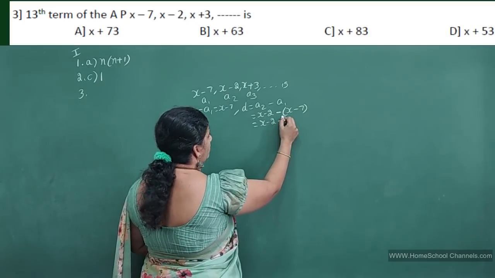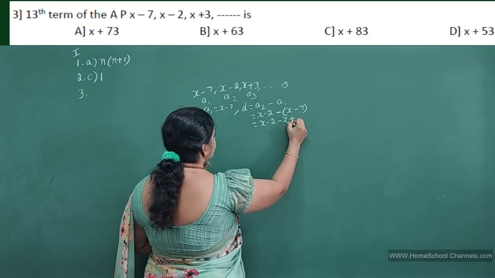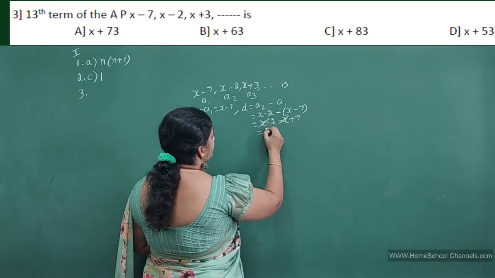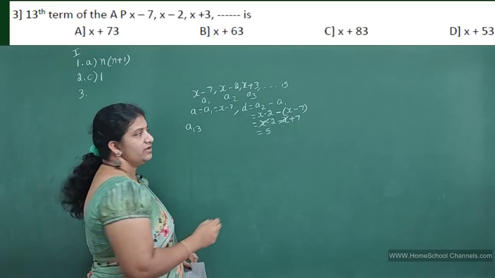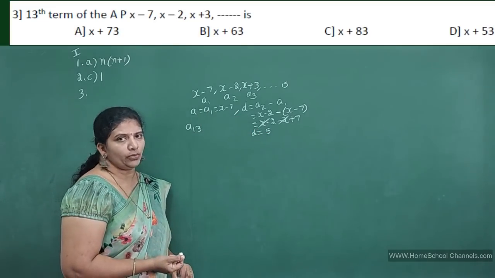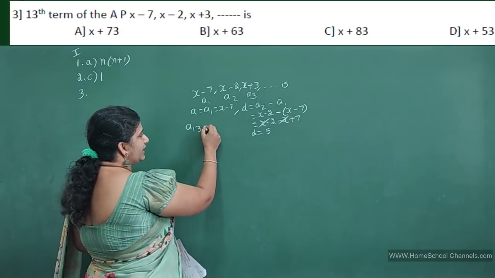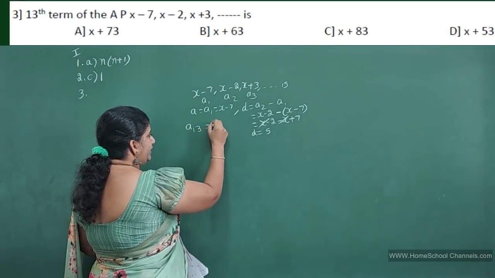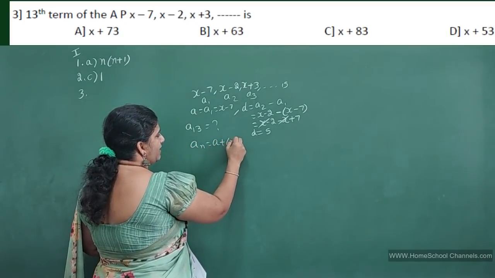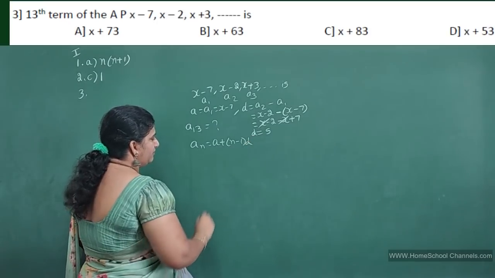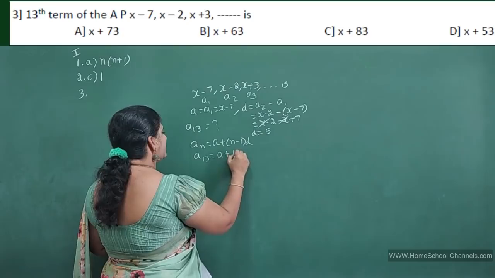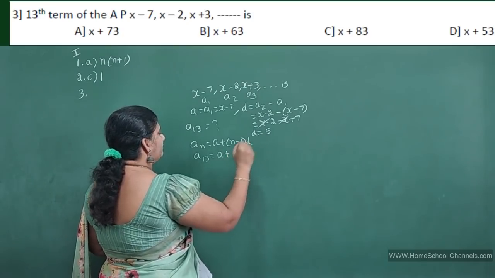X minus 2 minus x, minus into minus plus 7. Minus x plus x will be cancelled. 7 minus 2 will be 5. We know common difference and first term, so any term you can calculate. Find 13th term. If you want, you can write the formula an is equal to a plus n minus 1 into d. A13 is equal to a plus 13 minus 1, 12d.